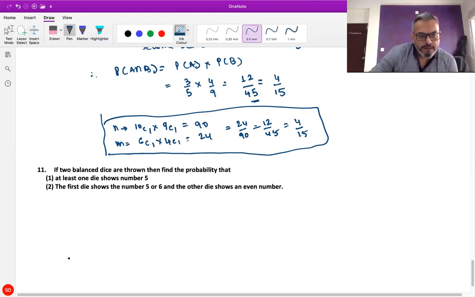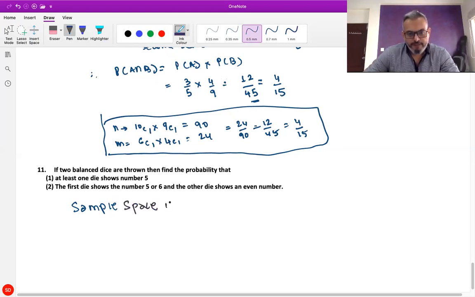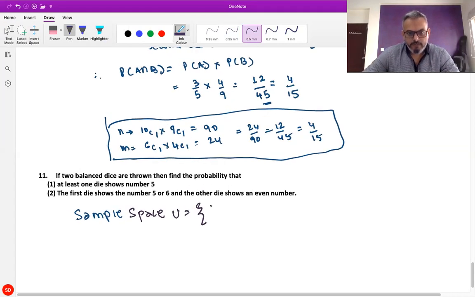तो now let's first write sample space. Let me change the color. Sample space U is equal to (i, j), where i is equal to j is equal to 1, 2, 3, 4, 5, 6.